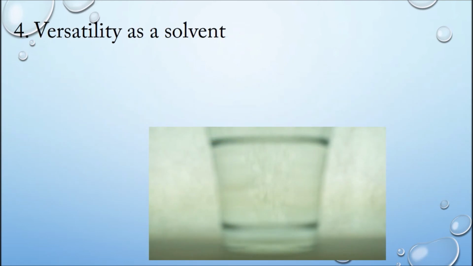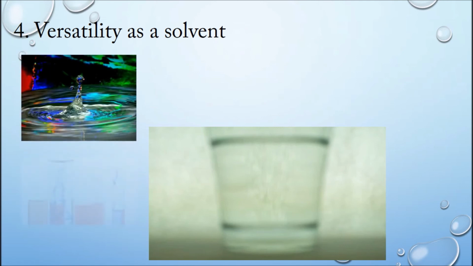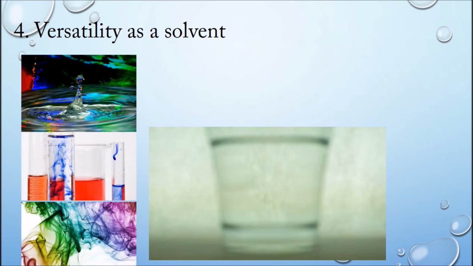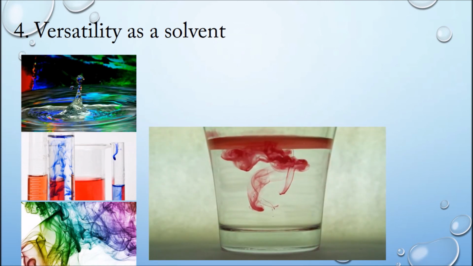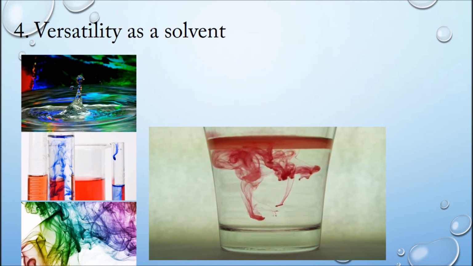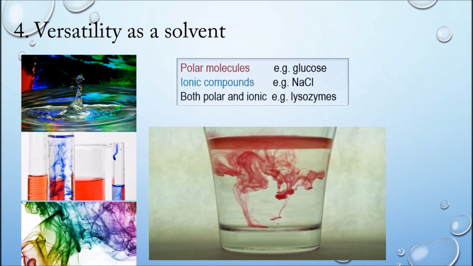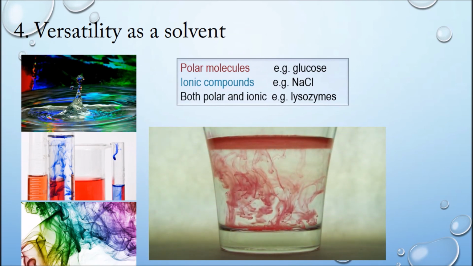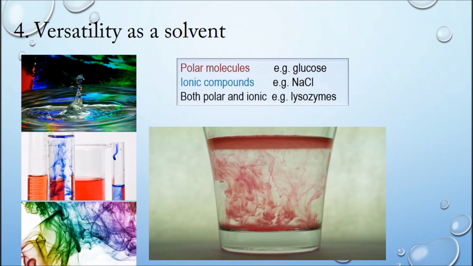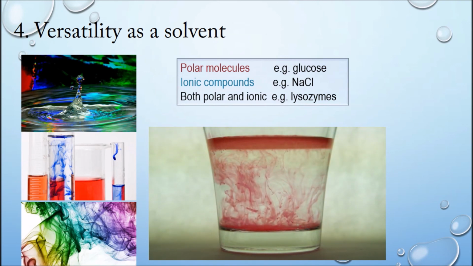Versatility as a solvent. This ability is given to water due to its polarity, that is, the uneven charge distribution of water molecules. Therefore, polar molecules, for example glucose, ionic substances, for example sodium chloride, and substances that are both polar and ionic, for example lysozyme, can dissolve in water.